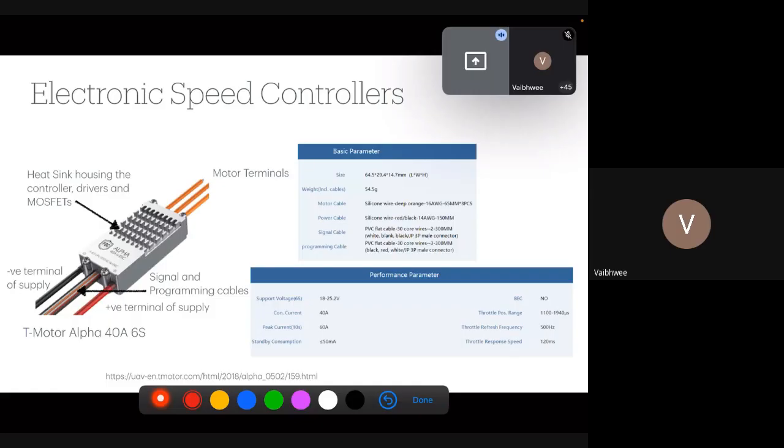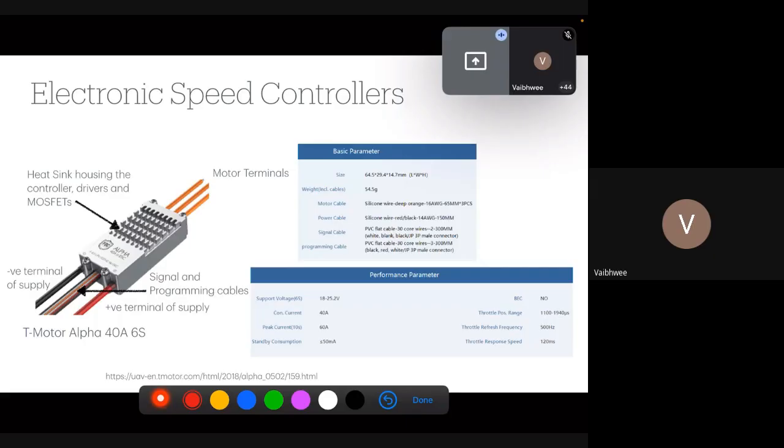This one can supply a peak current of 60 amperes for only a duration of 10 seconds, beyond which it will burn out, but it can supply a current of 40 amperes continuously. And then the throttle refresh frequency is 500 hertz with a throttle response speed of 120 milliseconds. If you change the throttle, it takes 120 milliseconds to respond and change the voltage levels that appear across the motor.